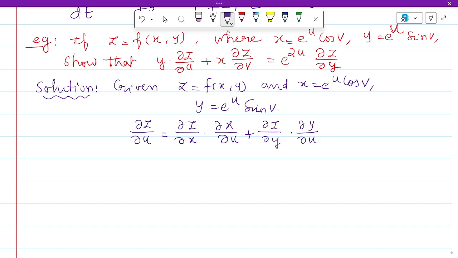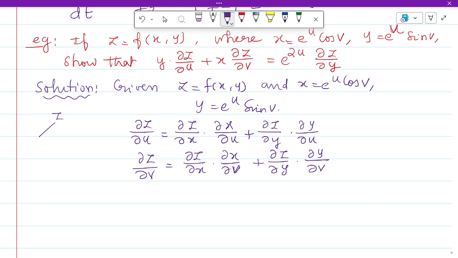And dou z by dou v formula: dou z by dou x into dou x by dou v plus dou z by dou y into dou y by dou v. Since z is a function of x and y, x is a function of u and v, y is also a function of u and v.